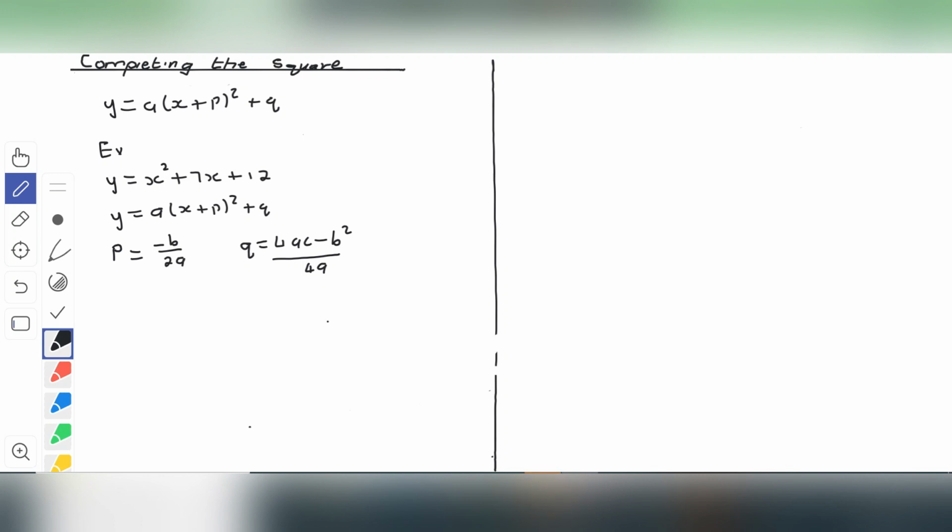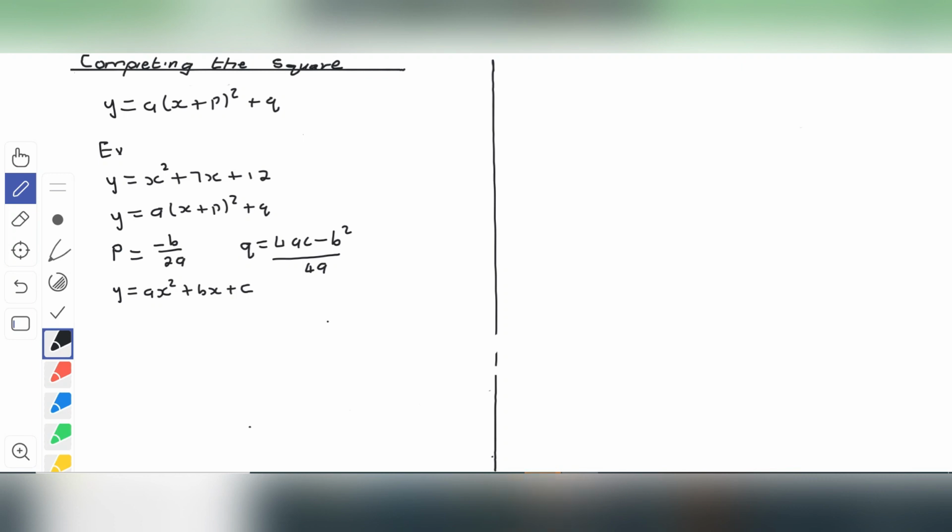Let's say we are given a quadratic equation, which is ax squared plus bx plus c. This is to tell you what a, b, and c are, so that whenever you plug them in, you don't make any mistakes.